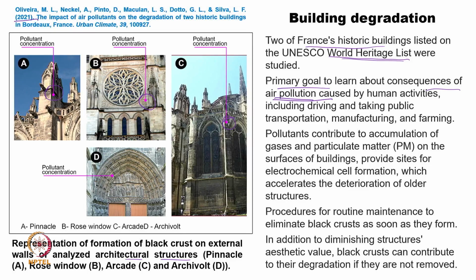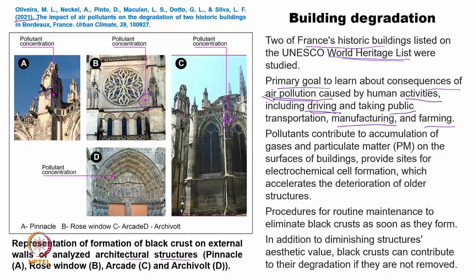We say that air pollution basically comes from human activities. Driving is one human activity, automobiles, public transportation, sometimes manufacturing, and even agriculture and farming. Will that cause any contamination, or enhance particulate matter, and will there be deposition on the building surfaces?